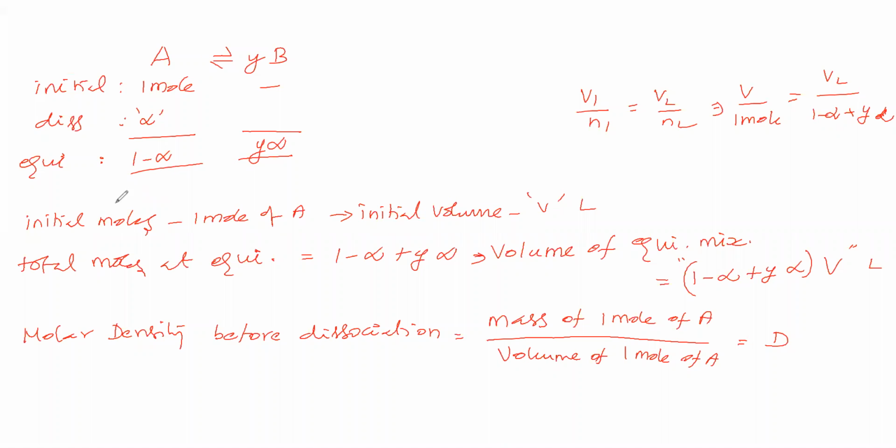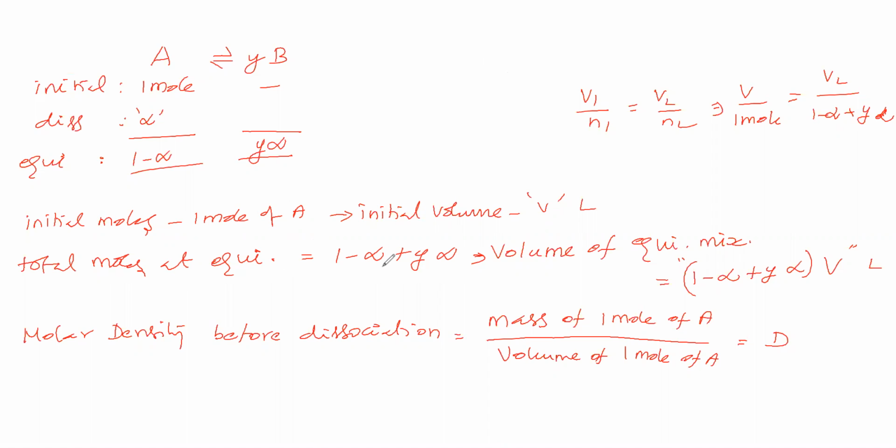At equilibrium, that means total moles at equilibrium is 1 minus alpha plus Y alpha, we have written, no. This total mass and initial mass will be equal, by the law of conservation of mass. Okay. So initially 1 mole of A we have taken, that mass you consider. At equilibrium total moles is 1 minus alpha plus Y alpha. This mass at equilibrium and the initial mass, both are what?